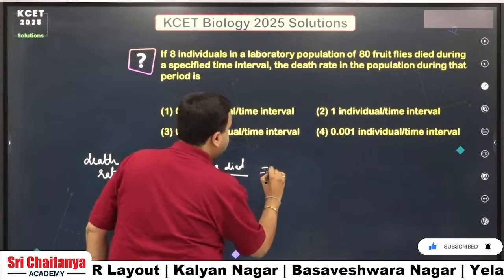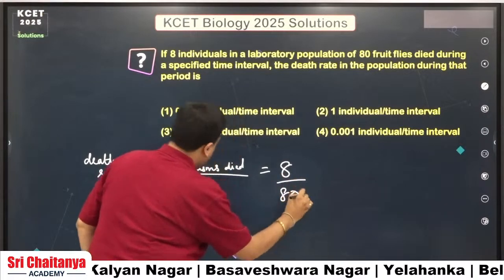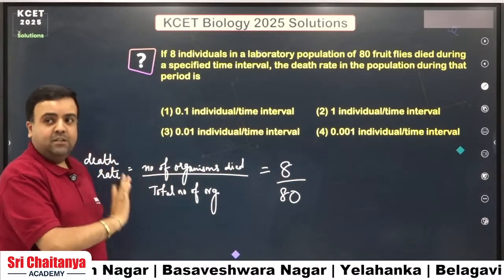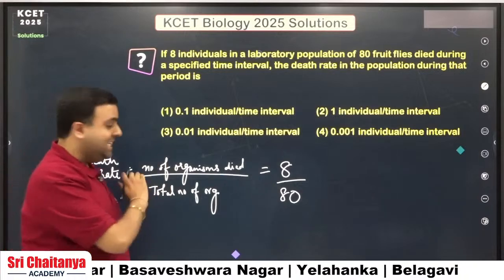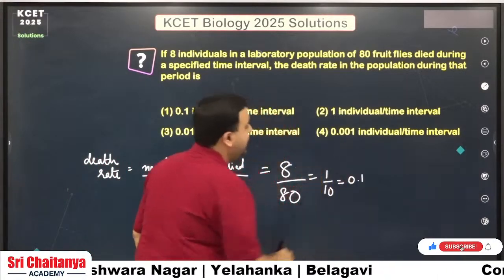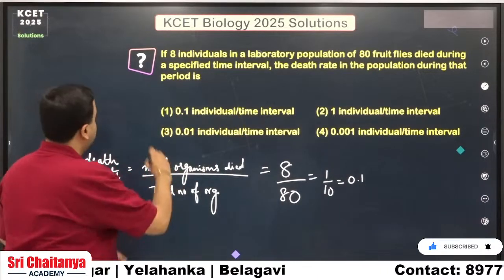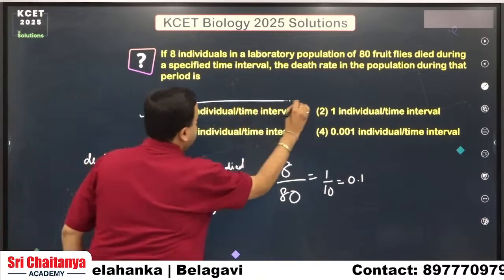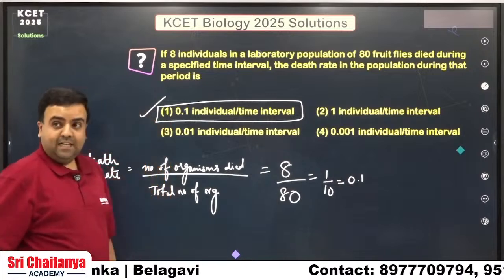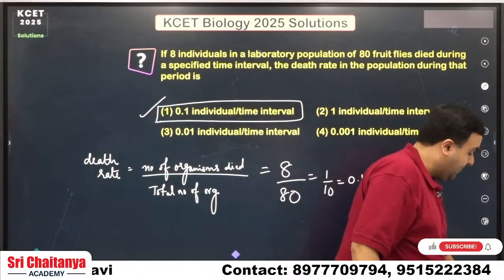Number of organisms died is 8, total number of organisms is 80. So, when we simplify this, 1 by 10 or 0.1 individuals per time interval. So, therefore, option number 1 is going to be the correct answer for this question.